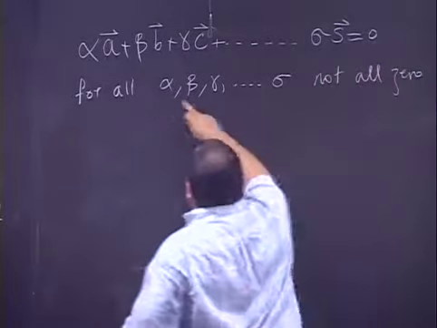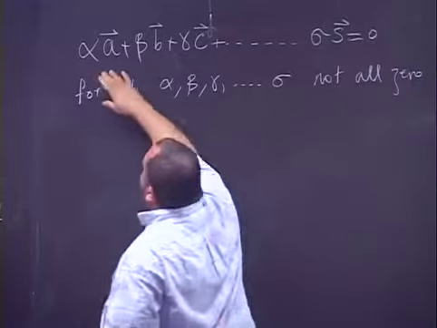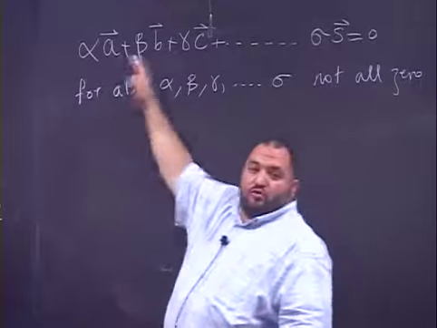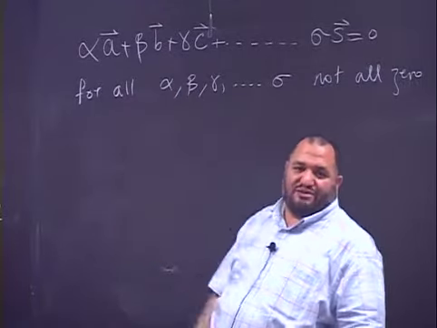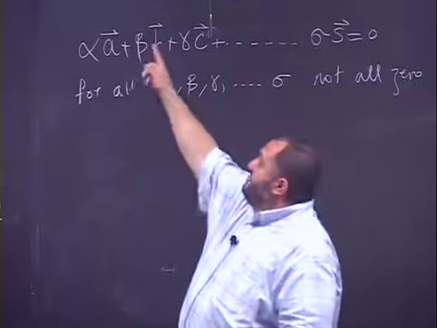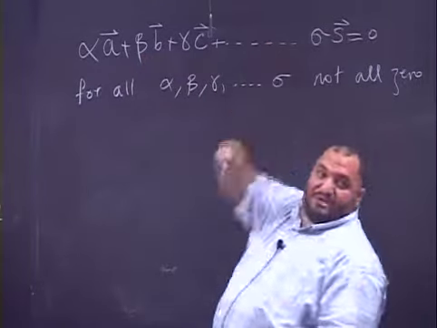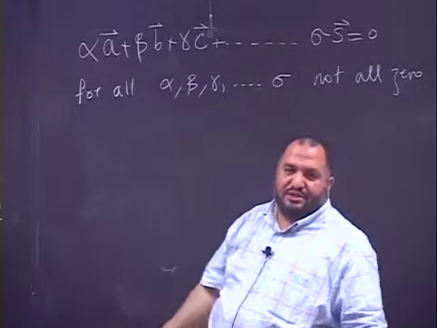So all of those constants are not 0. Maybe a couple of them are zeros, but not all of them, because if all of them are zeros, this is the trivial solution: 0 by A plus 0 by B plus 0 by C and so on plus 0 multiplied by S is equal to 0. This is the trivial solution.